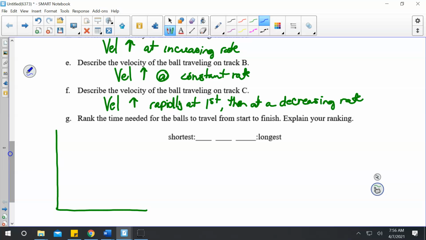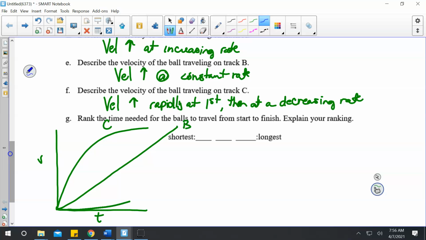So if we did a velocity versus time graph for these 3 balls, for C, it increases fast at first and then it slows down, so that's what C would look like. For B, the velocity is increasing all the time and it's at a constant rate, so that means this would be a line with the slope being the same, so that would be B. And for A, it's going to increase slow at first, and then it would increase faster at the constant rate, like that.